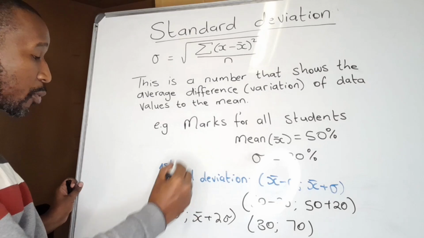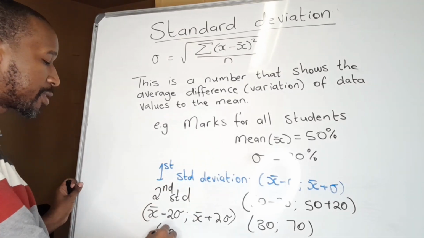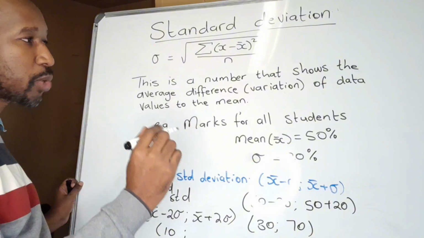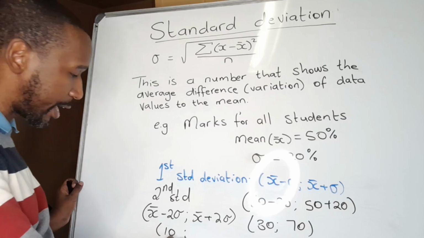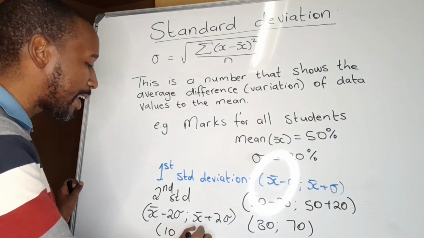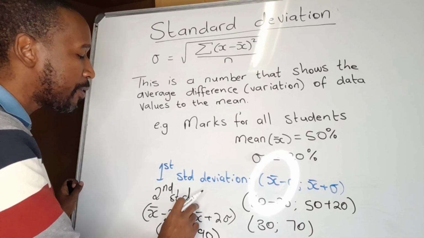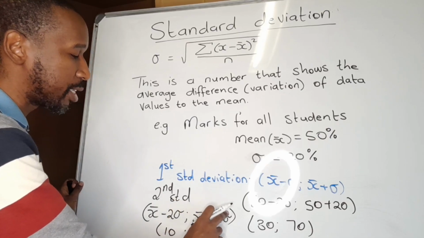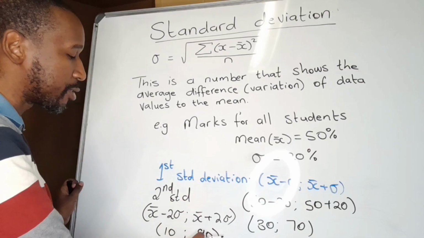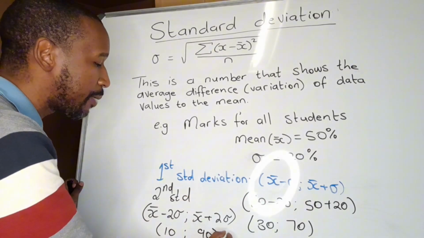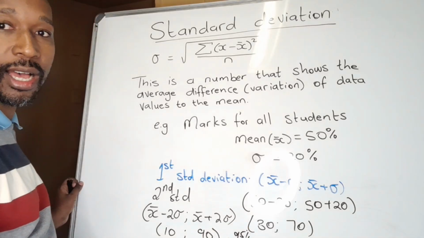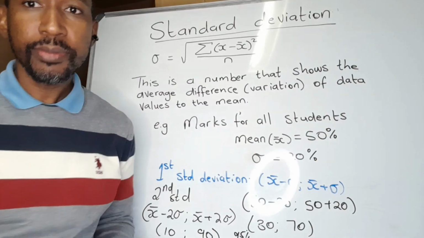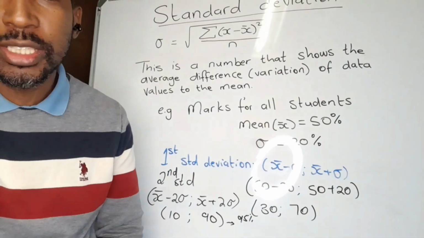So if we look at the one we had, you will see that this actually gives 10, because it would be 20 times 2, which is 40. Then 50 minus the 40 is 10. Then this side we would get 90, because it would be 50 plus 2 times 20, which is our deviation, and that gives us 90. So statistically, we always expect about 95% of the data to be here. So that is what we call deviation.